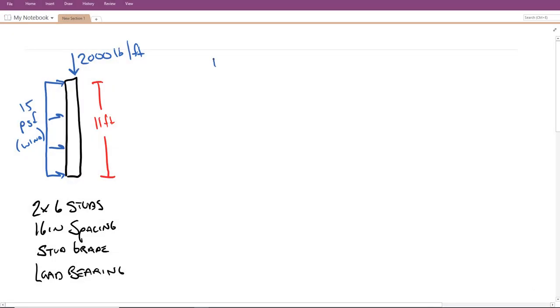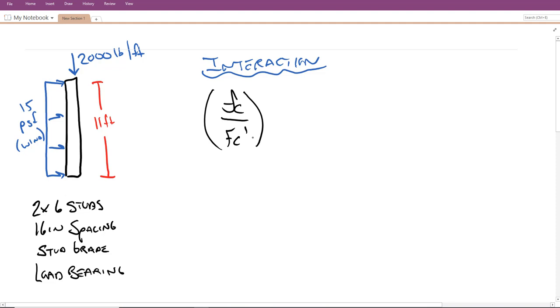Okay, we're back. We're ready to plug everything in. Let's make sure that we've got the interaction equation written down here as our starting point. So the interaction equation is my lowercase f_c, my actual compressive stress divided by my allowable compressive stress. And for the timber equation, this is squared, plus my actual bending stress divided by my allowable bending stress.